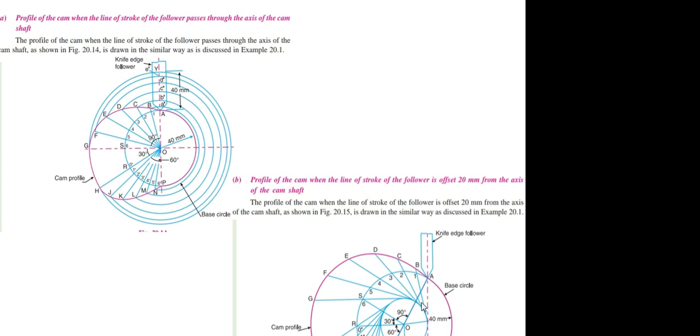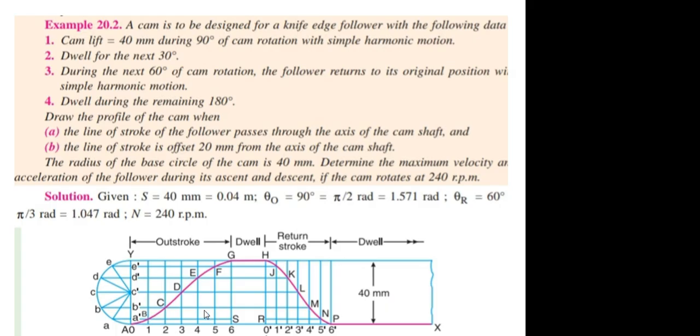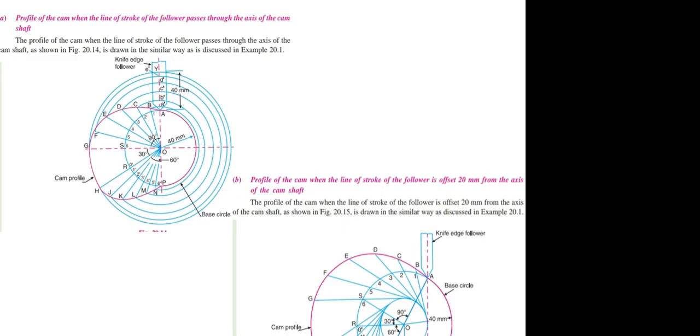Now here you can see that at the initial position, when the follower is at its lowest position, that is at point A, in the cam profile figure, this is the initial position of the follower, denoted by A. At the initial position of the follower, we can see that the axis of the follower is tangent to the offset circle.